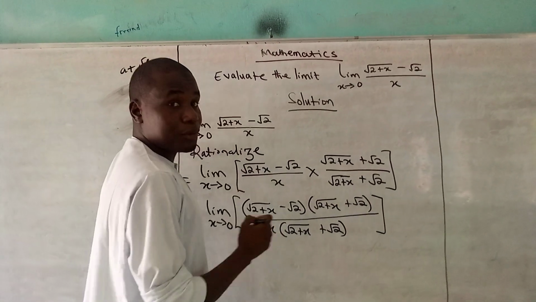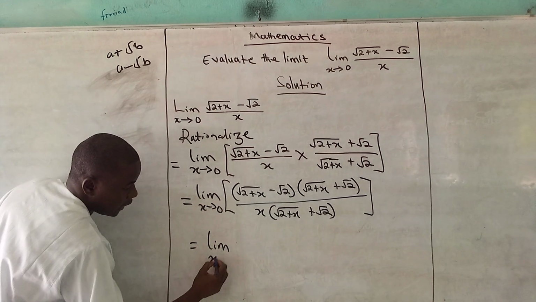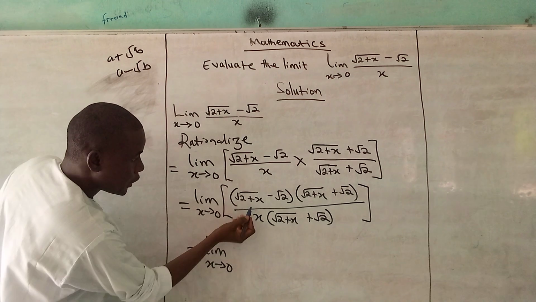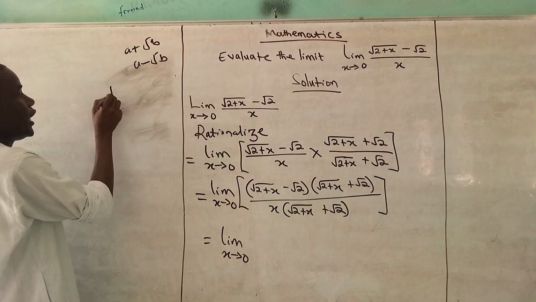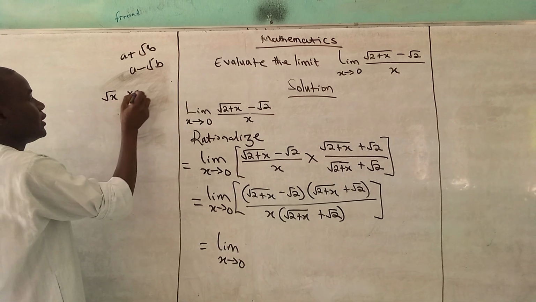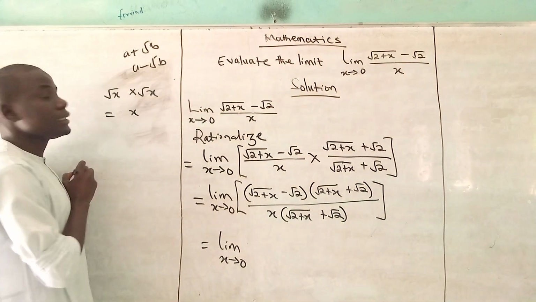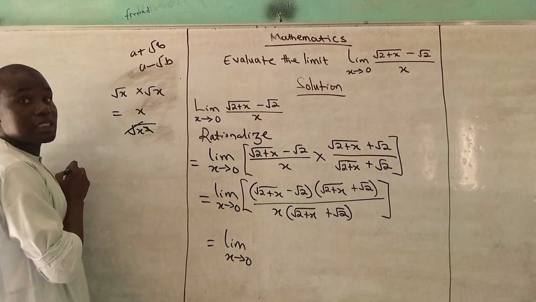So what do we have now? We have the limit as x approaches 0. Let's open this bracket. Root of 2 plus x times root of 2 plus x. Don't forget, if you have root x times root x, this is the same as x, because multiplying them under the same square root, this will go with this.